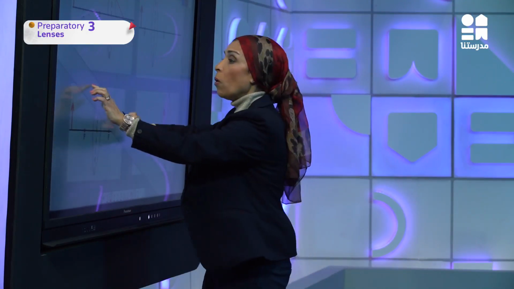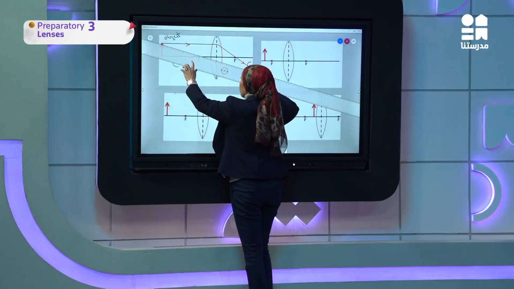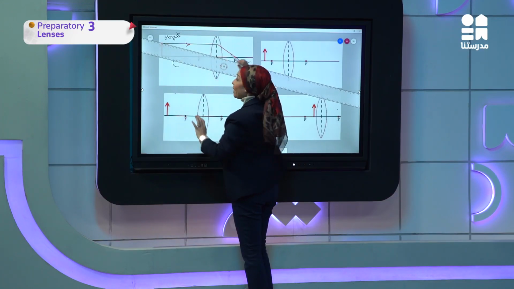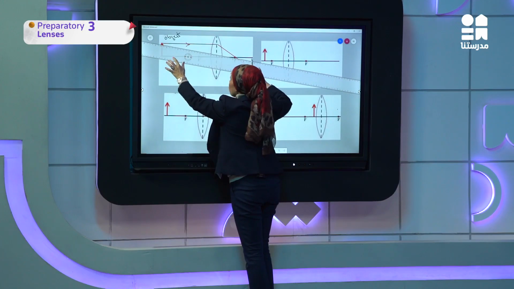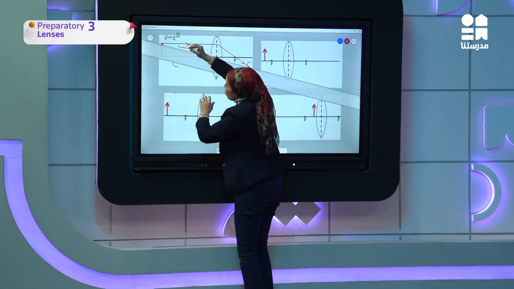Let's see how. This is my ruler, and this is the second ray. Adjust your ruler, passing by the center of the lens, and make it pass without any refraction. But you have to start from the same point. Like this one.